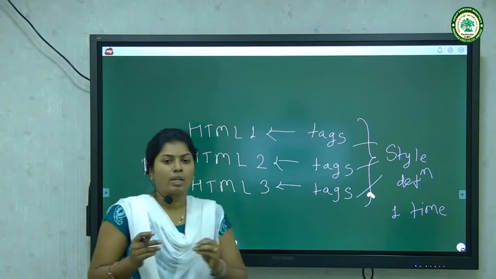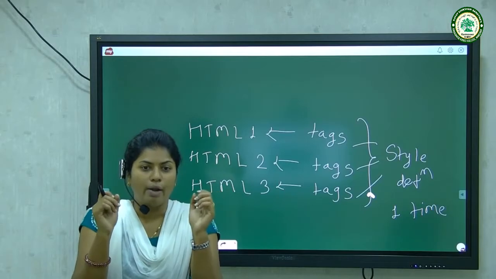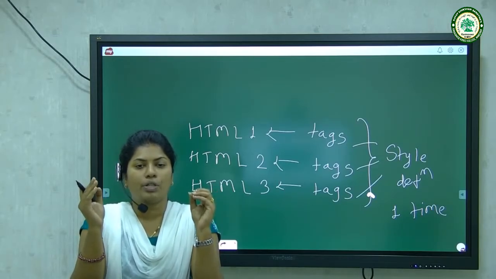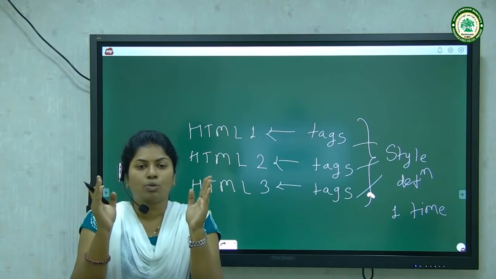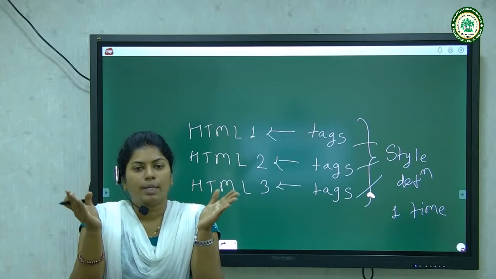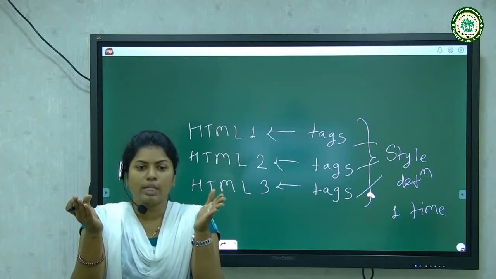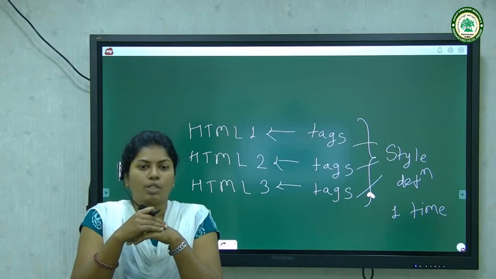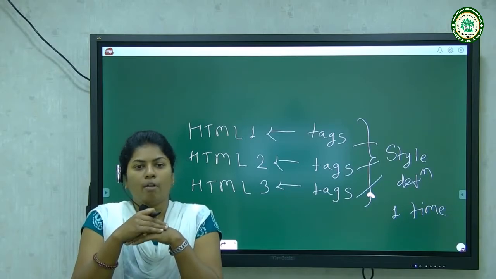That means using CSS, we can add one style definition one time, and it affects all HTML files instead of using multiple tags in each HTML file. That's why CSS is most important in HTML.